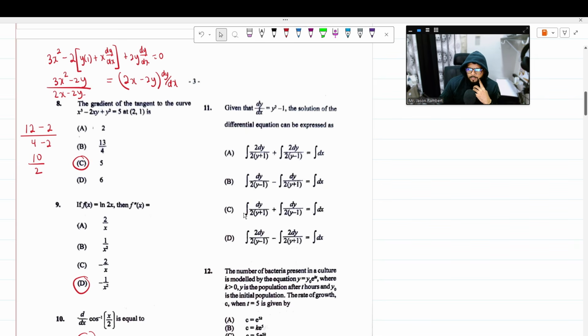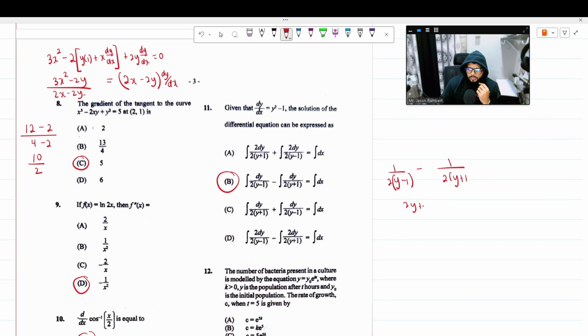This one here, both denominators had the 2 on them, and it was a subtraction, let me check it back and see. 1 over 2 into y minus 1, take away 1 over 2 into y plus 1.